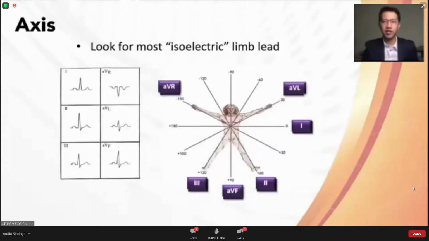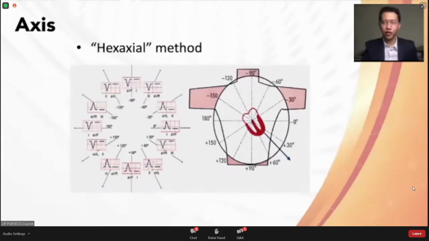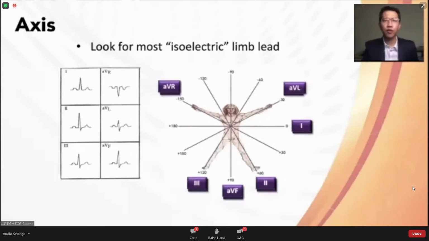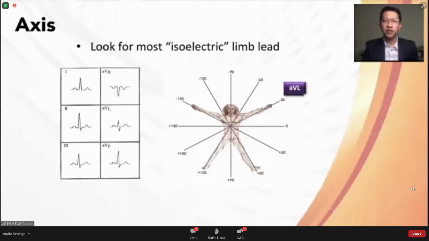Only estimates. To get a better determination of axis, we use what we call the hexaxial method. Using the 6-axis, we look for the most isoelectric limb lead. So looking at limb leads 1, 2, 3, AVR, AVL, and AVF, we would zero down on AVL as having the most isoelectric or isophasic pattern.